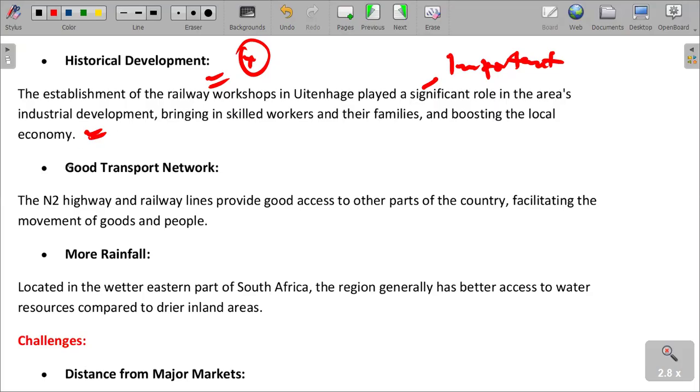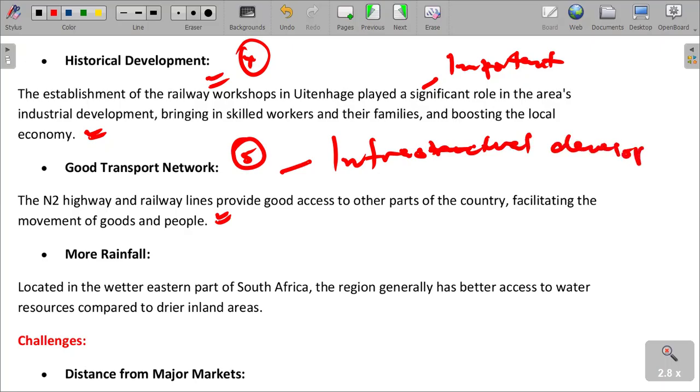And then good transport network is number 5. The N2 highway and railway lines provide good access to other parts of the country, facilitating movement of goods and people. So when we talk about this, it refers also to infrastructural development, which is very important.